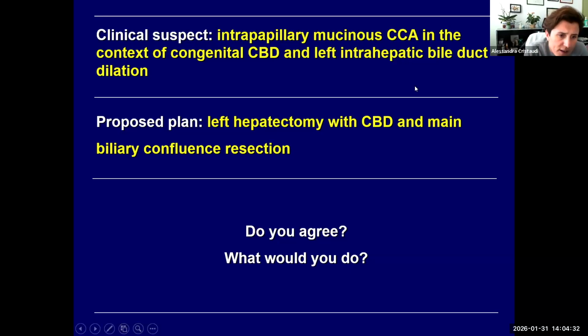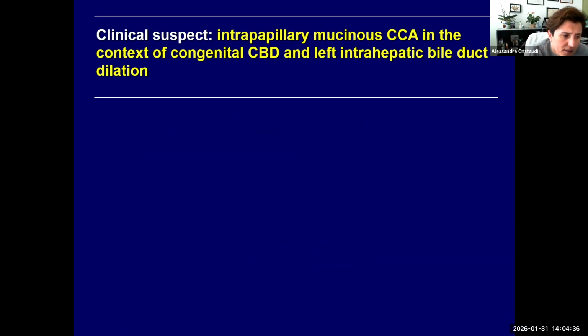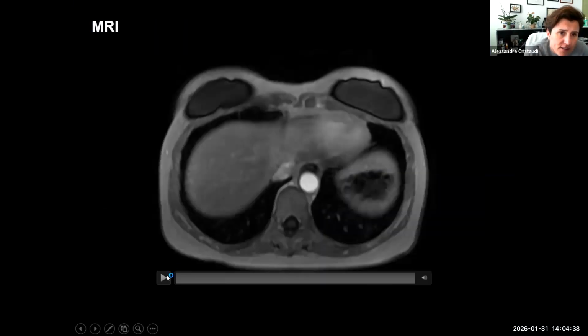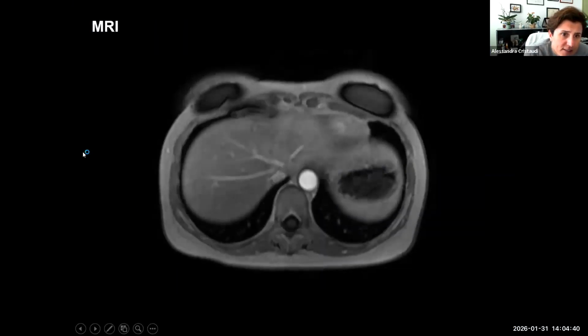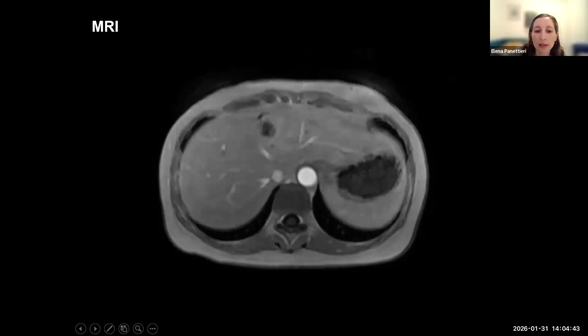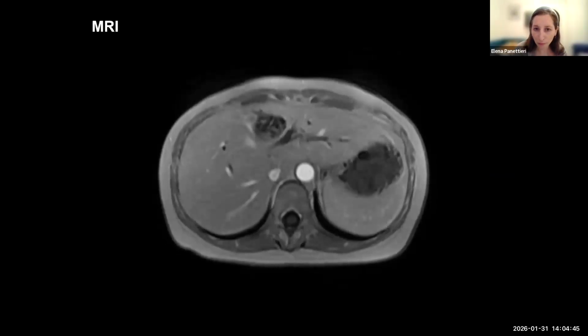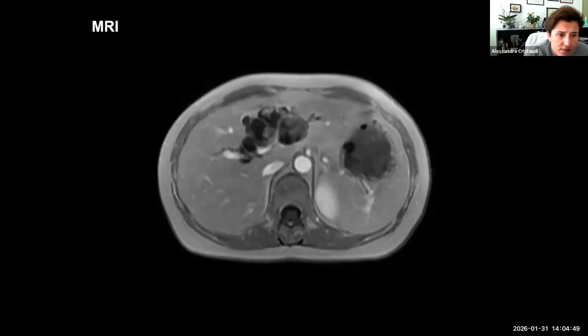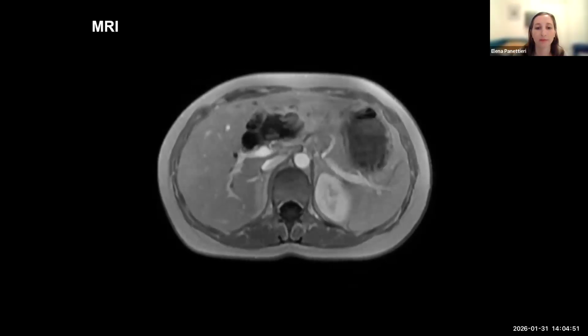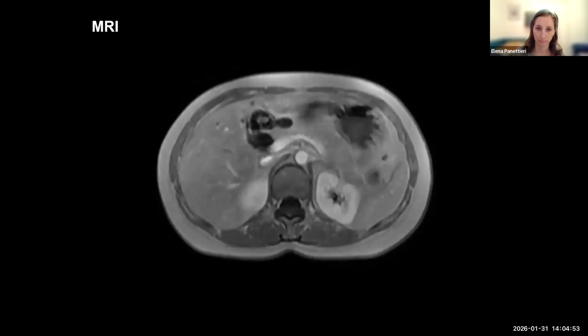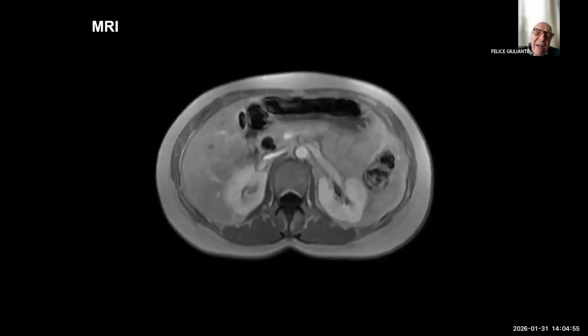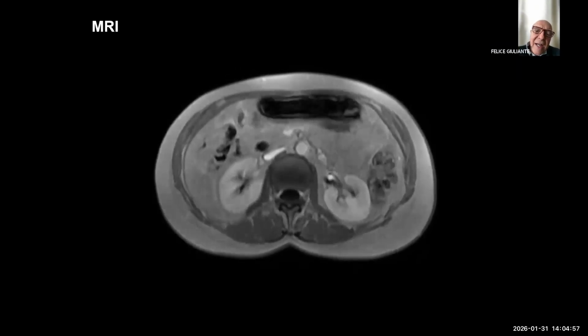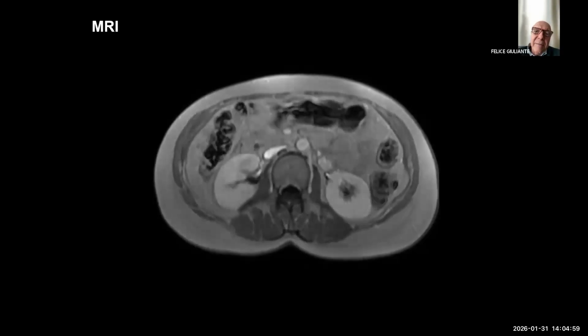Elena, can you show again the MRI? Because it seems to me that also the right ducts are a little bit dilated. And yes, because it is in communication also with the main biliary confluence. Exactly. CA 19-9 was normal. But actually, at the cholangio MRI, the right intrahepatic ducts are thin, not dilated.